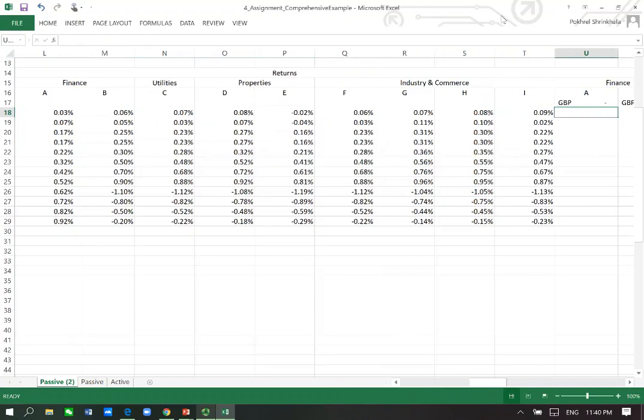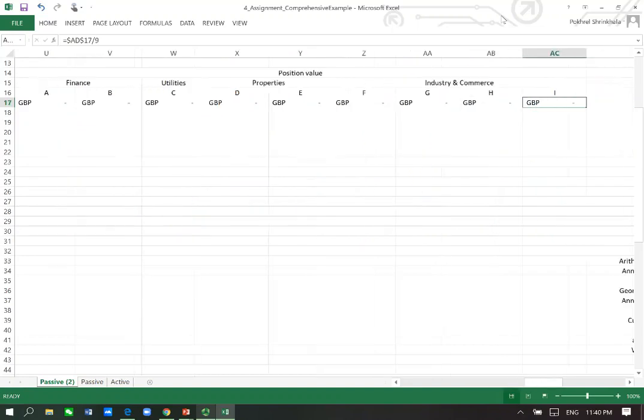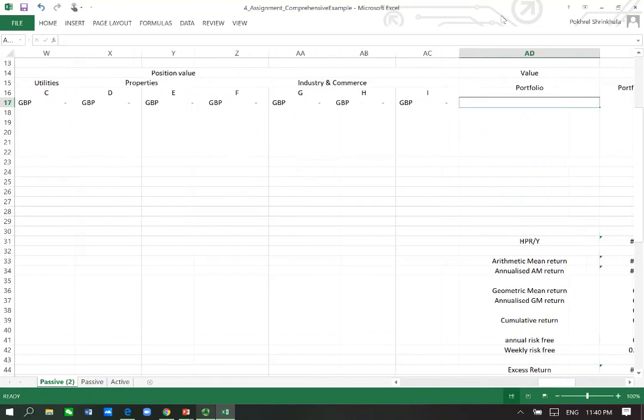Once these returns are calculated, what I am going to assume is I have a total of, let's say, £1 million available to me for investment.